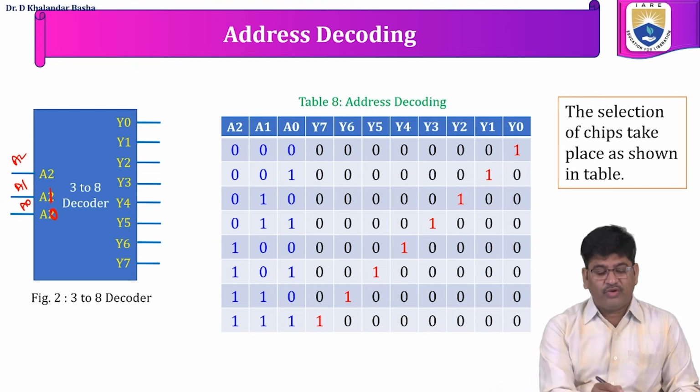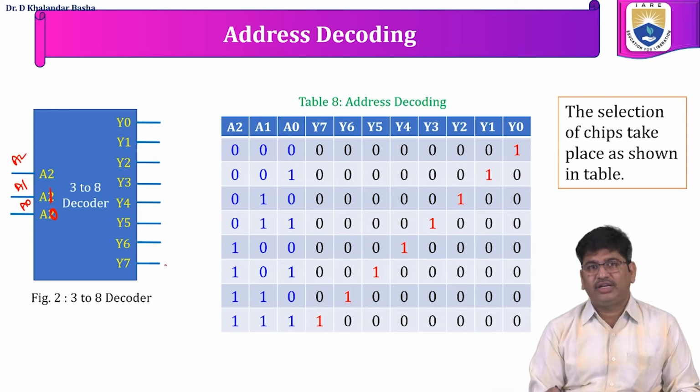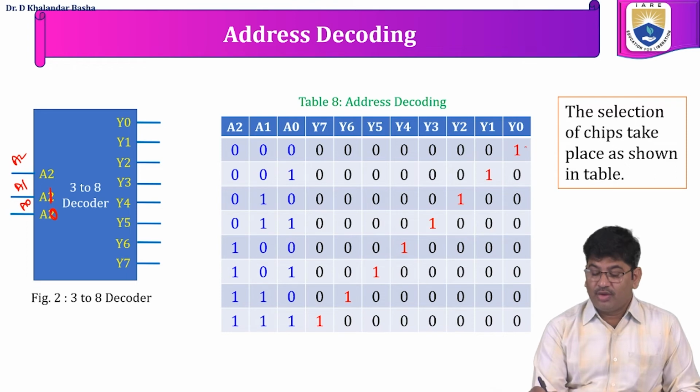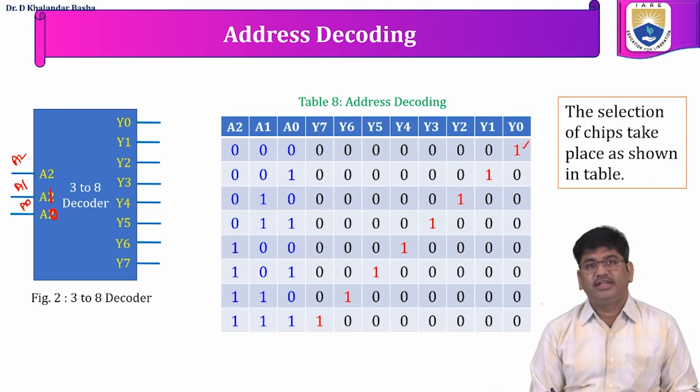Whenever you pass the address information on the lines A0, A1, A2, one of the output lines will be active, that is 1, and the remaining output signals are in inactive state, they will possess 0. When A2, A1, A0 is 0, 0, 0, Y0 will be enabled and the remaining Y1 to Y7 are disabled.